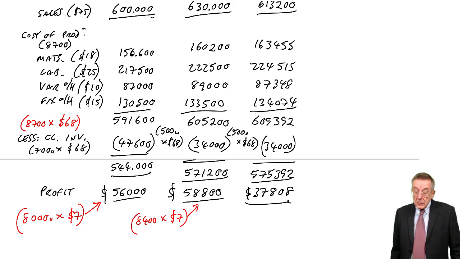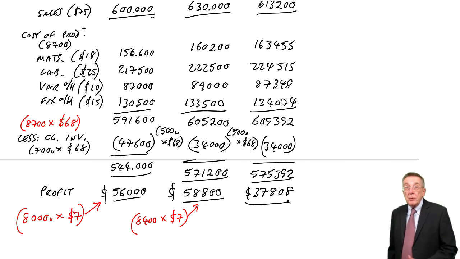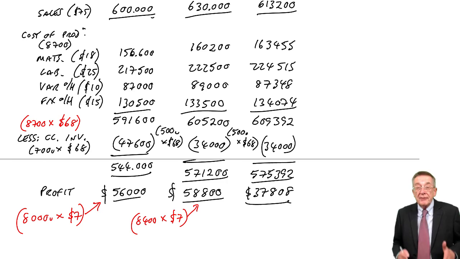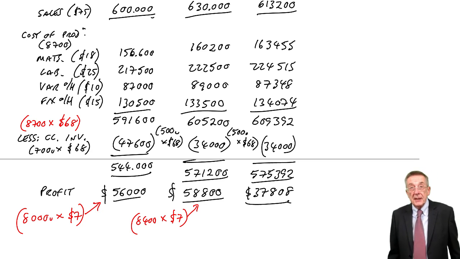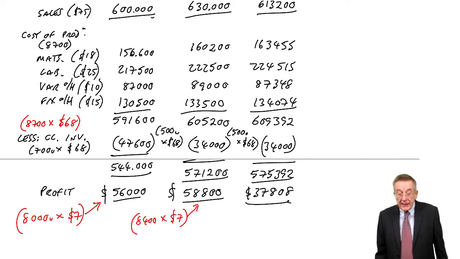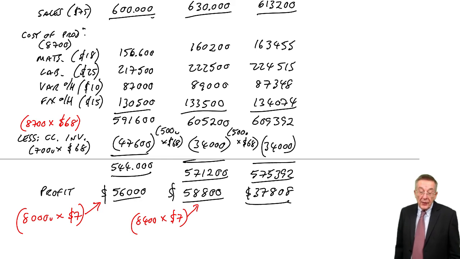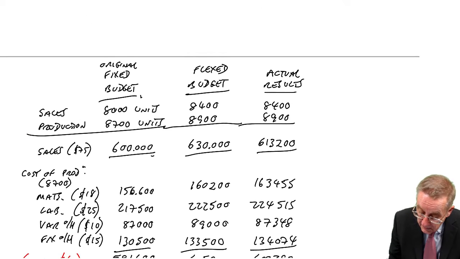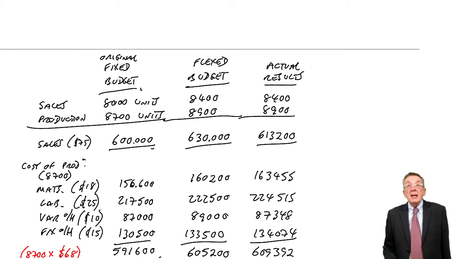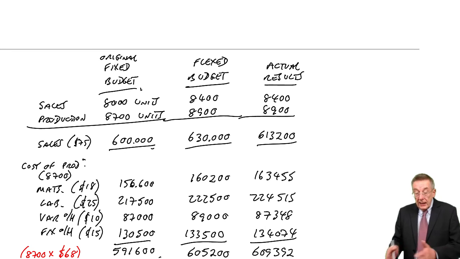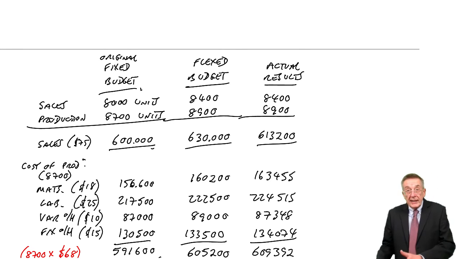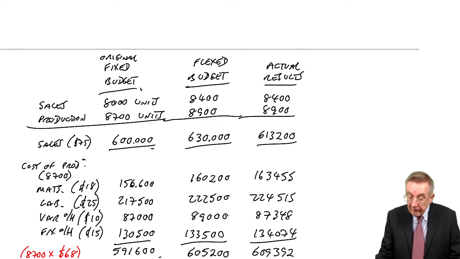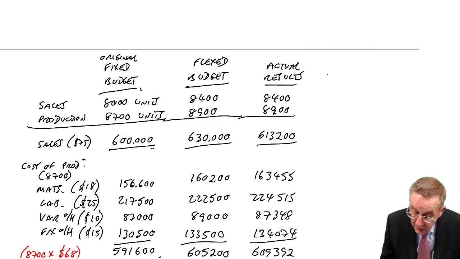Finally, though, remember, management want to know why the profit wasn't 56,000. We've flexed the budget, so because we sold more, they're expecting we make 58,800. But now we can compare line by line. Did we pay the right costs or whatever? We look at the differences, or the variances.